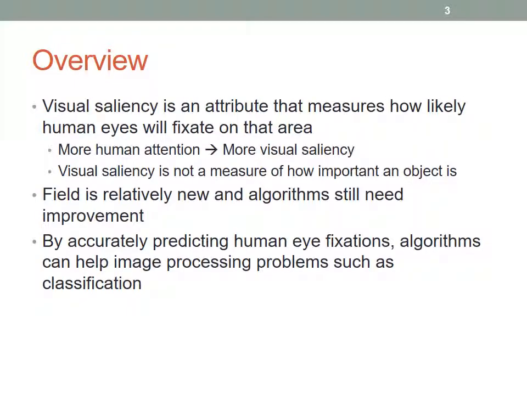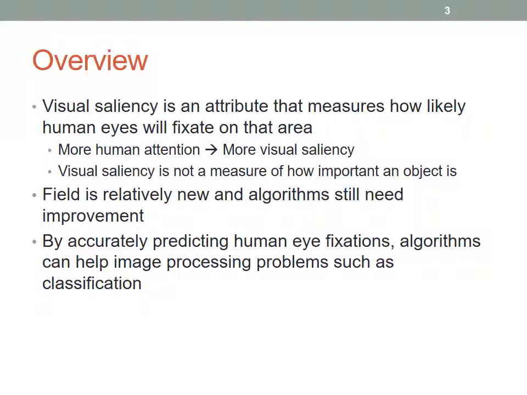So just an overview. Visual saliency is a metric, a visual attribute of images and objects, that measures how likely the human eye is going to fixate or look at it.